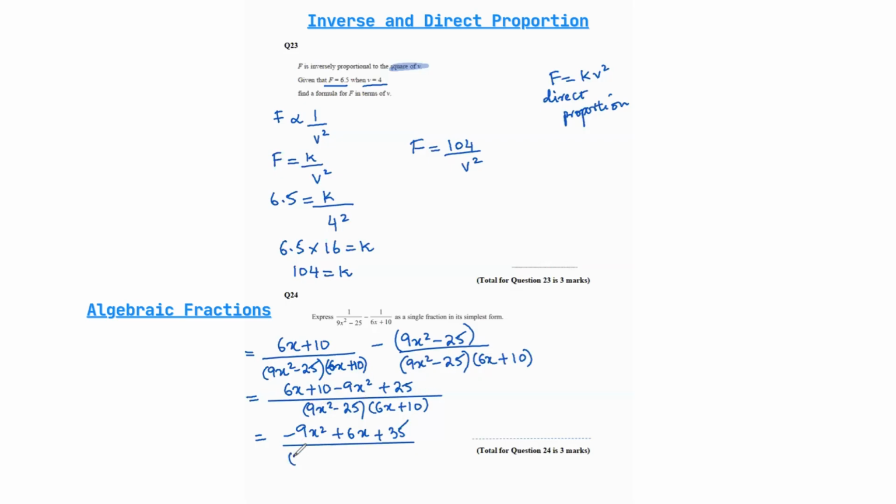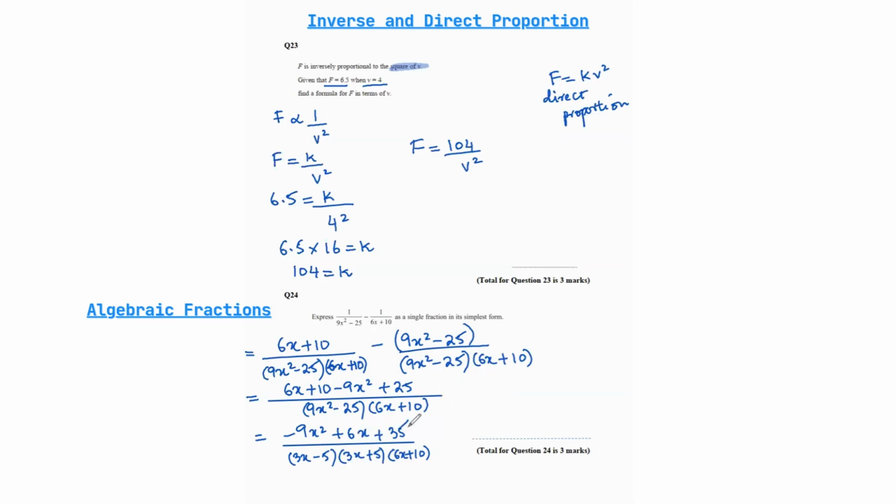So we can rewrite that as 3x minus 5 times 3x plus 5, and 6x plus 10 stays as it is. So we just factorized 9x squared minus 25 using difference of perfect squares and rewrote it as 3x minus 5 times 3x plus 5.